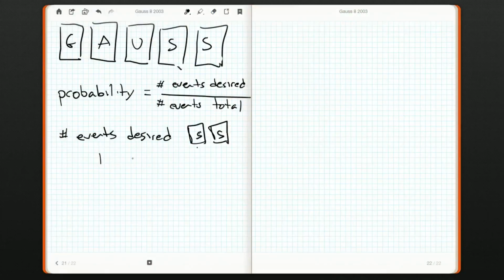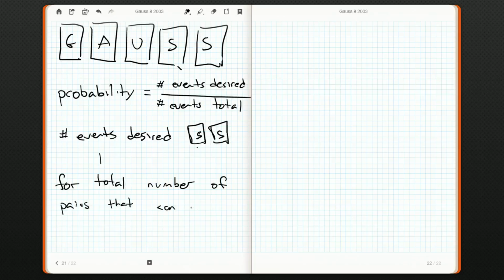So for the total number of pairs that can be drawn, okay, alright, let's suppose, let's count the number of S's we have.